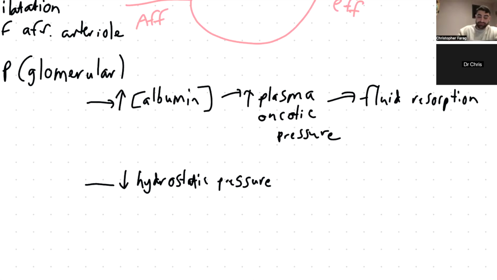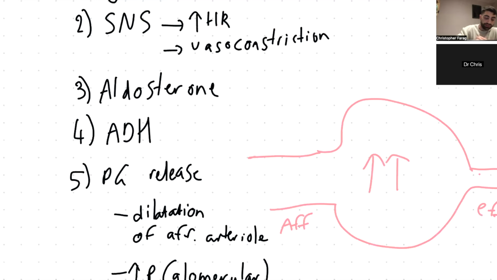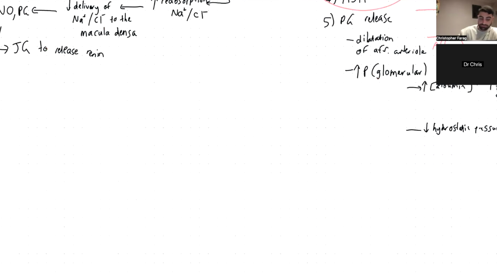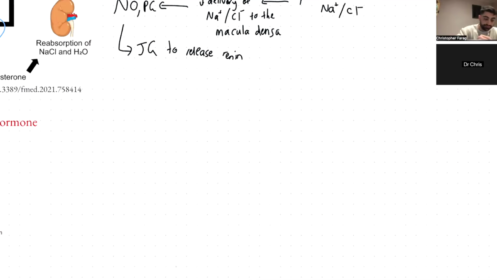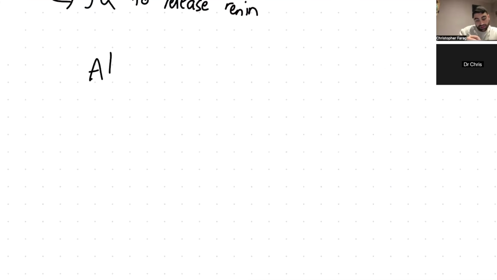All right, now let's look at aldosterone and ADH, the other two that were mentioned here. All right, now aldosterone. So aldosterone is quite a bit simpler than angiotensin 2.